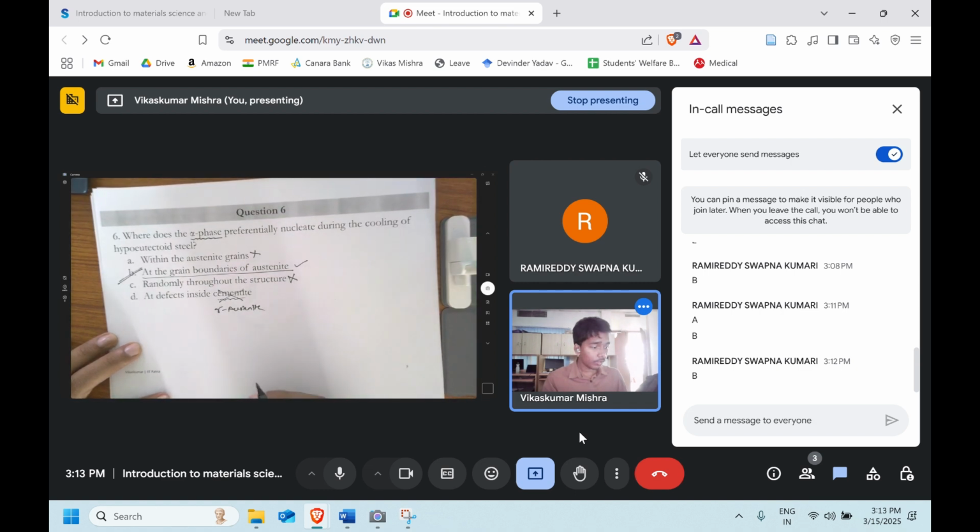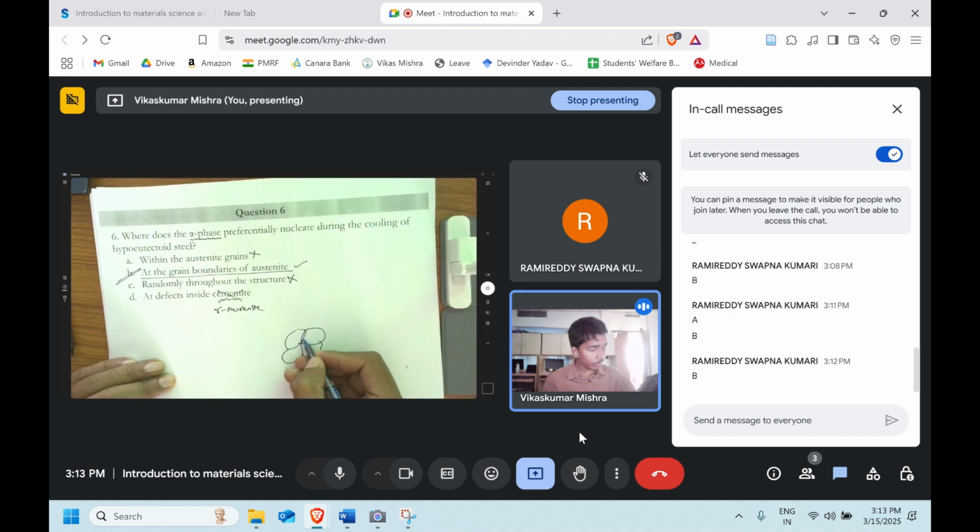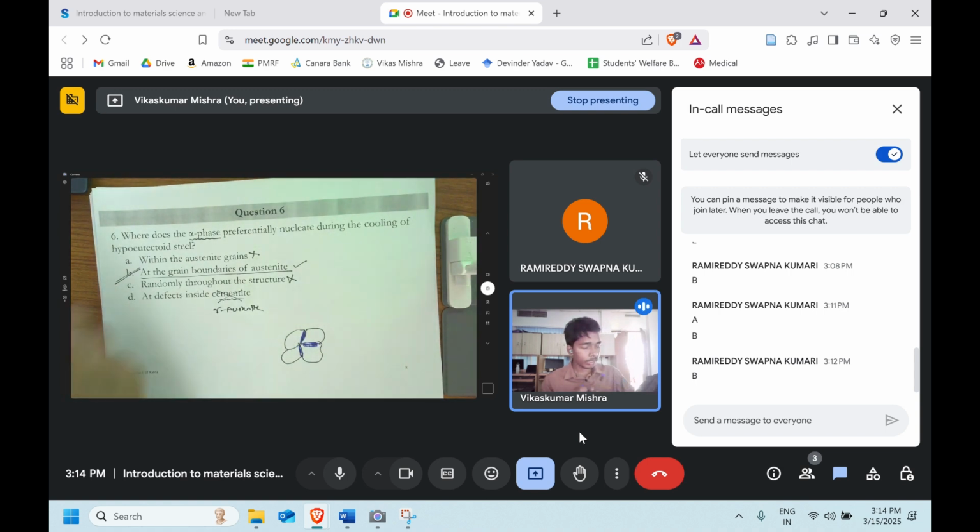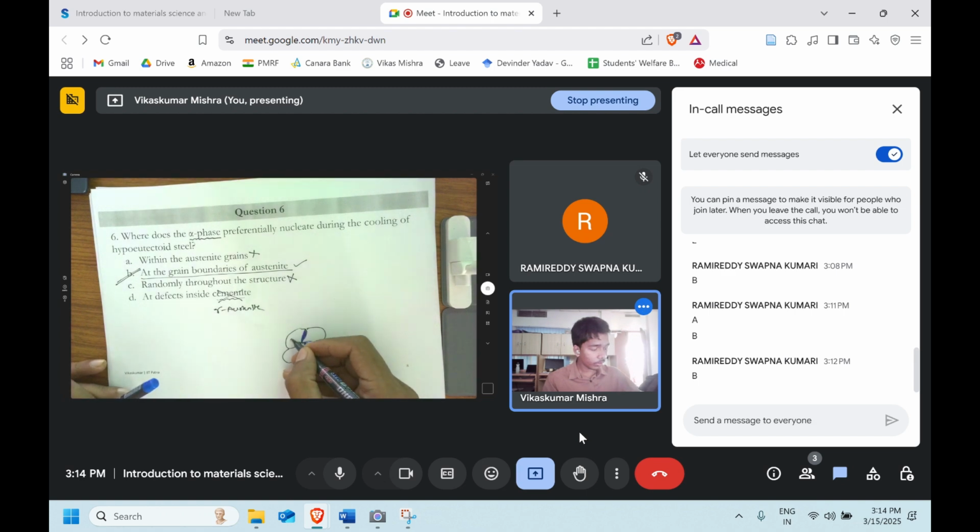For example, let us say this is my microstructure where the austenite is there. I started cooling. So what did I get? Here the ferrite will start forming. This will be the ferrite phase. Now let us say inside them there is a dislocation.